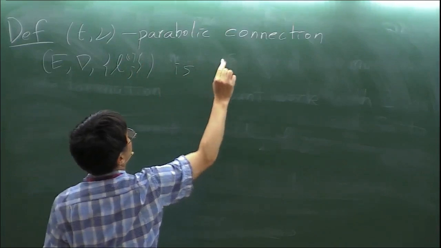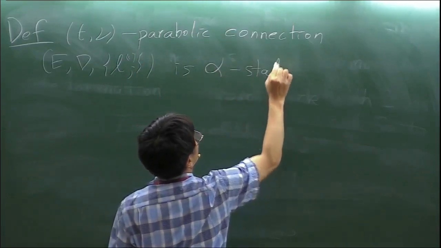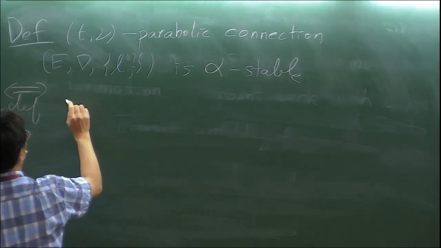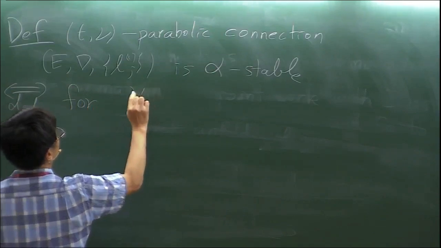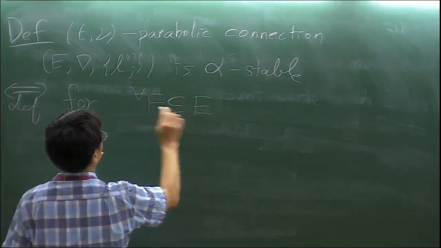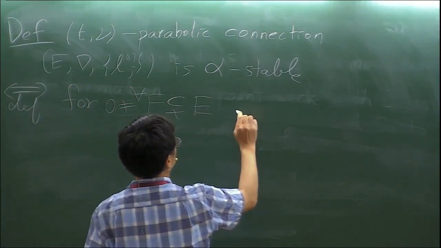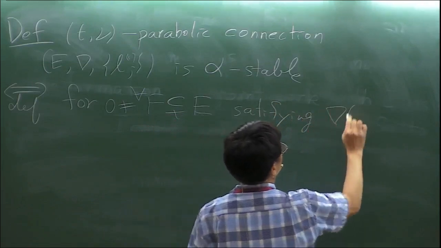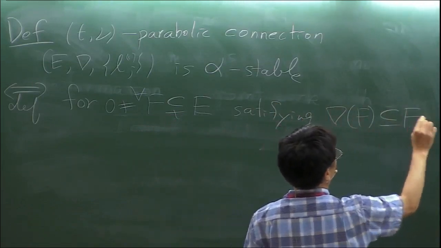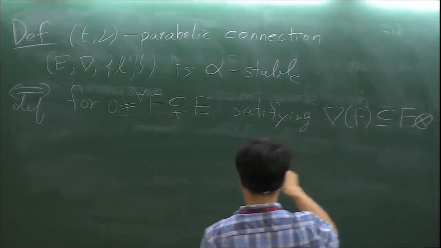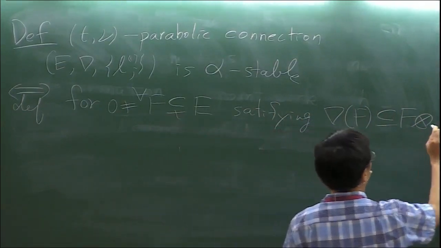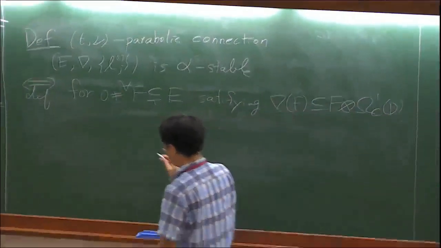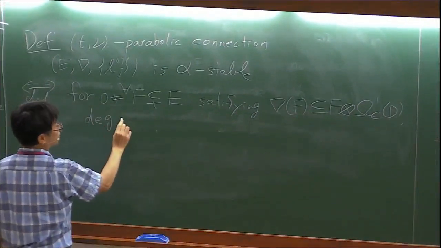This is alpha-stable if it satisfies, for any subbundle F of E preserved by the connection nabla, this inequality holds.